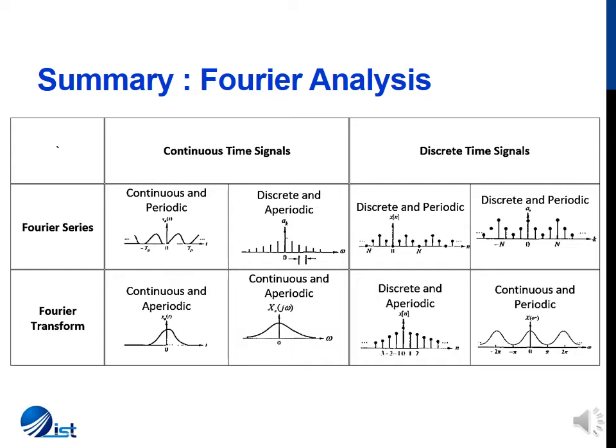Whereas for aperiodic signals we used the Fourier transform, and the spectrum in case of Fourier transform was continuous. That is, it existed at all frequencies. In addition to these broad definitions, we'll see individually how the spectrum looks like.